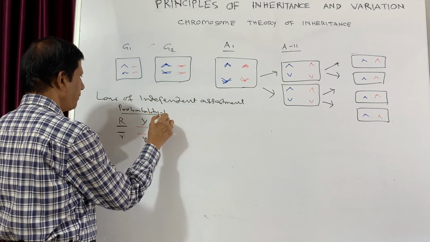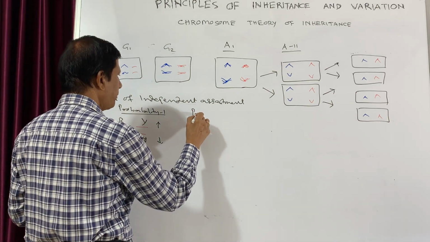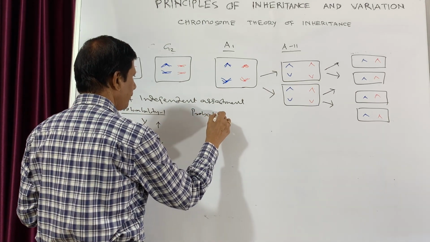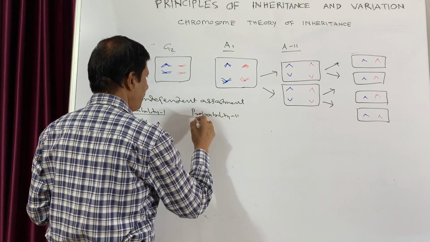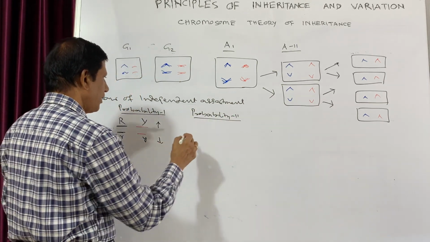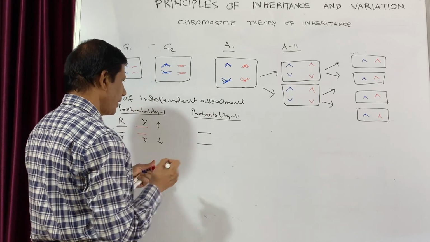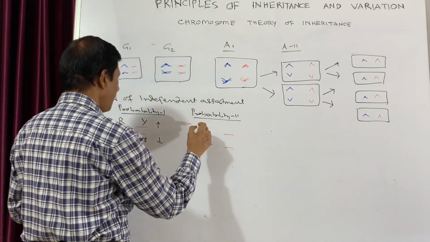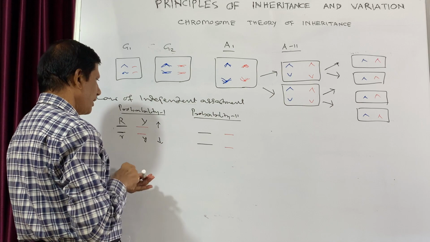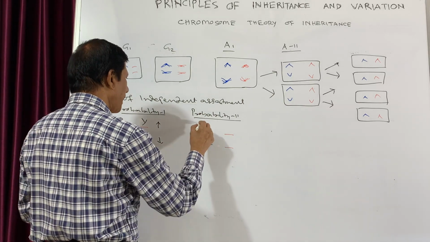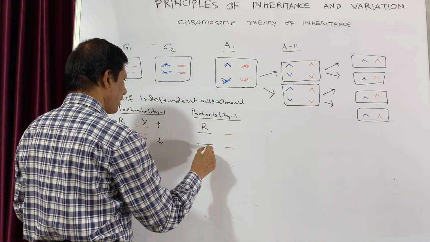Now if we discuss probability 2, there is another way. Here the dominant gene capital R is there and small r is there.